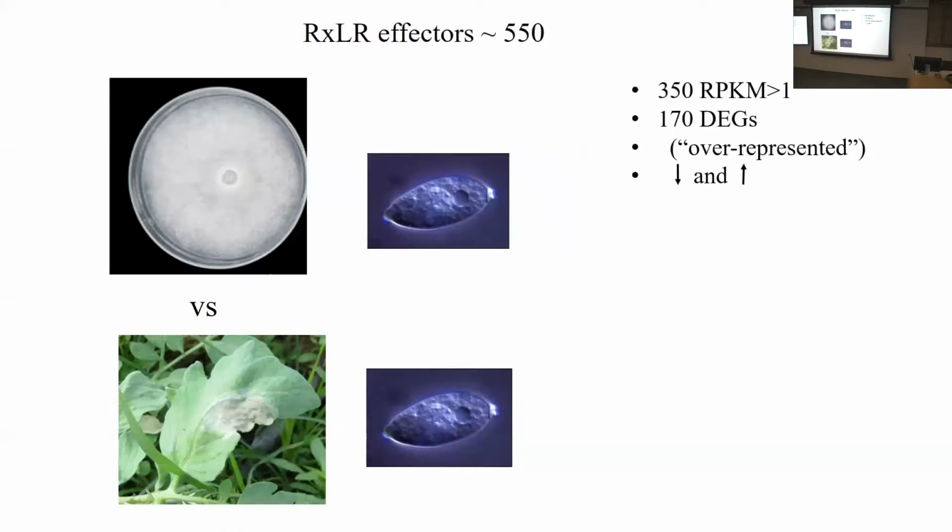RXLR effectors are thought to be involved in pathogenicity in Phytophthora infestans. Some of them we know to be recognized by R genes. The vast majority, we don't know what they do. And I think also important is that there were no such effectors that were downregulated in one isolate and upregulated in the other. So they were always in the same direction for both isolates.